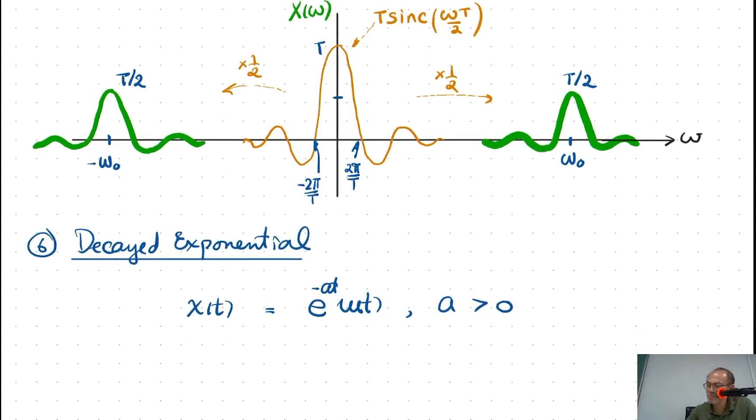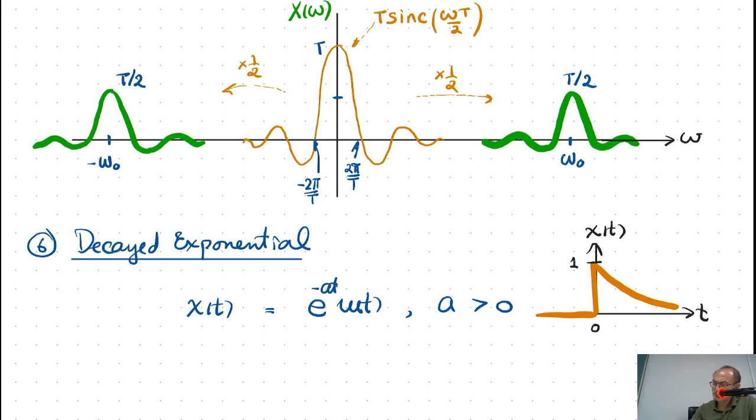If you try to plot this signal, you'll see that it is the decayed exponential that starts from time 0, and it goes down, and it would be 0 when time is less than 0. The maximum value is of course 1. This is what I mean by decayed exponential.